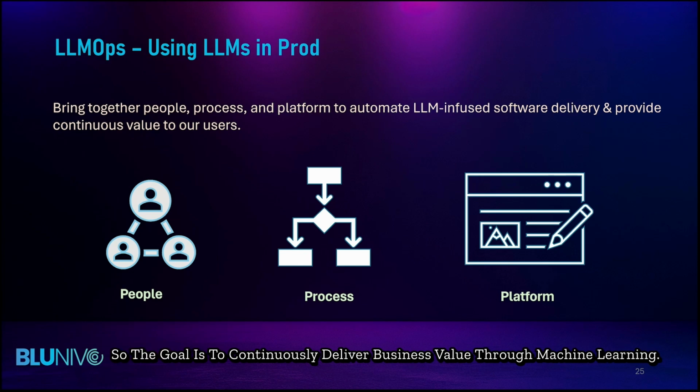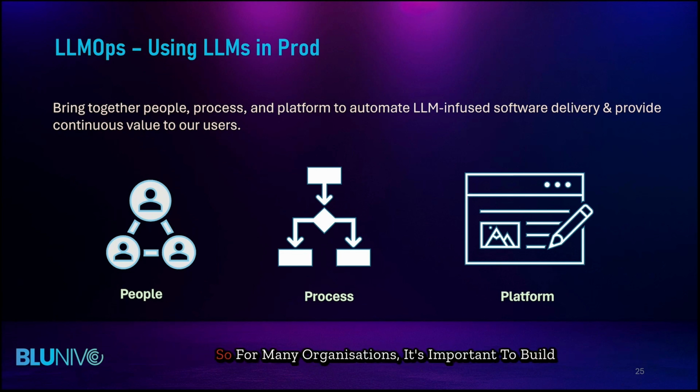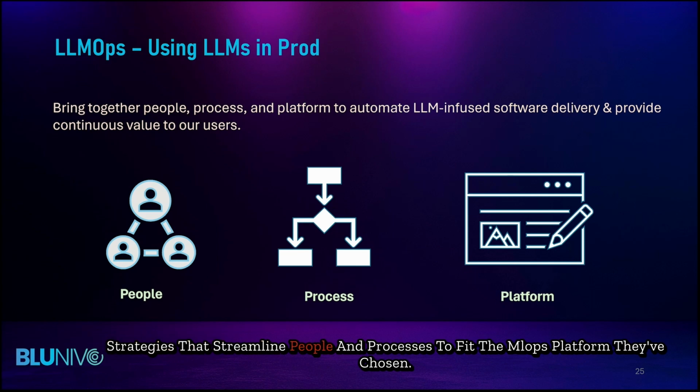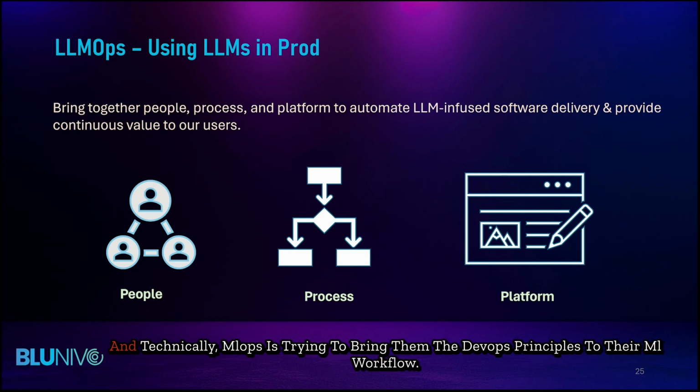The goal is to continuously deliver business value through machine learning. For many organizations, it's important to build strategies that streamline people and processes to fit the MLOps platform they've chosen. And technically, MLOps is trying to bring DevOps principles to the ML workflow.